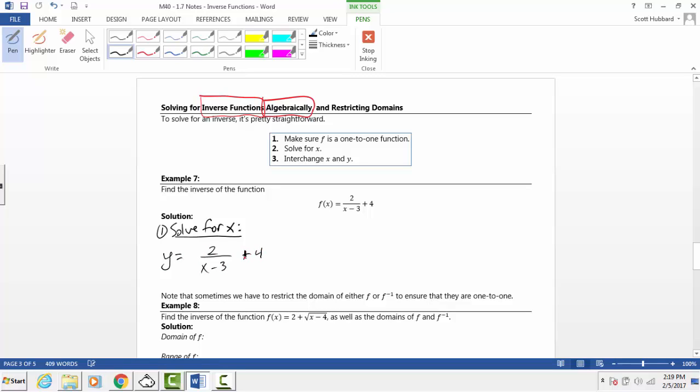Remember, f of x is a synonym for y, so when I had f of x equals, it's the same thing as y equals. And the way I solve it is I subtract 4 from both sides. And what we get, next line, is y minus 4 is equal to 2 over x minus 3.